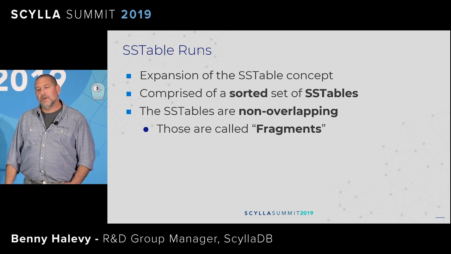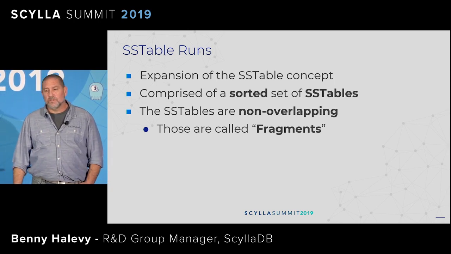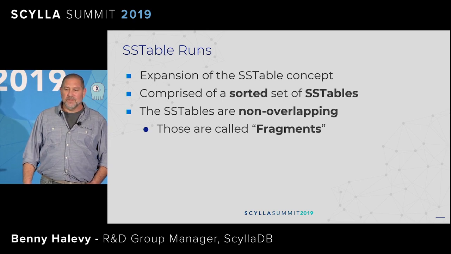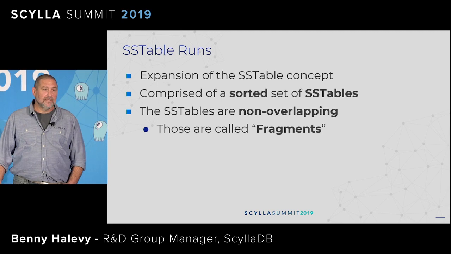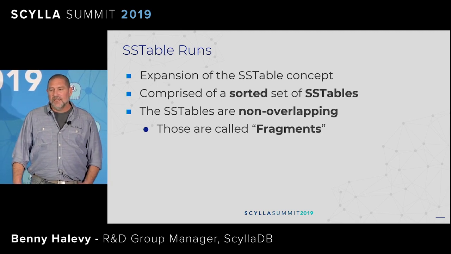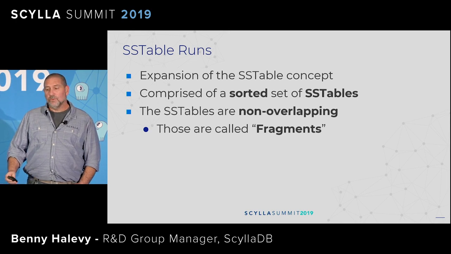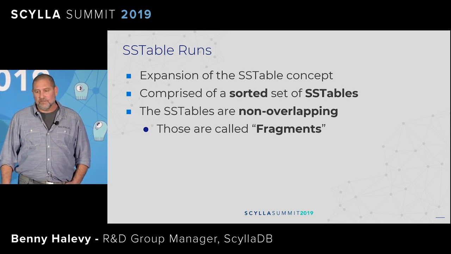Let's talk a bit about what SSTable runs are. First, they are an extension of the SSTable concept. They are also sorted like a single SSTable, but they are comprised of a sorted set of SSTables. And the SSTables in this set are non-overlapping. So each one has its own set of partition keys, and they don't overlap.